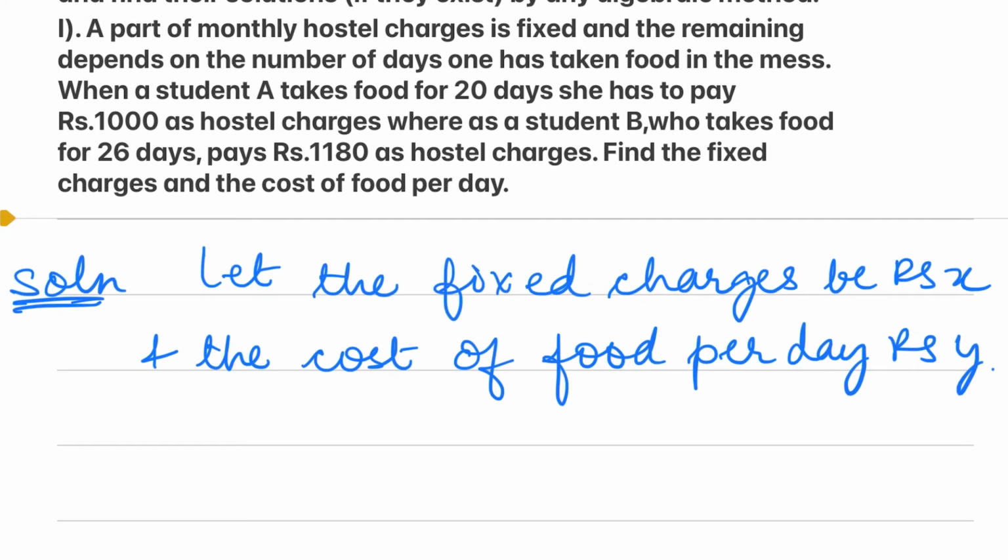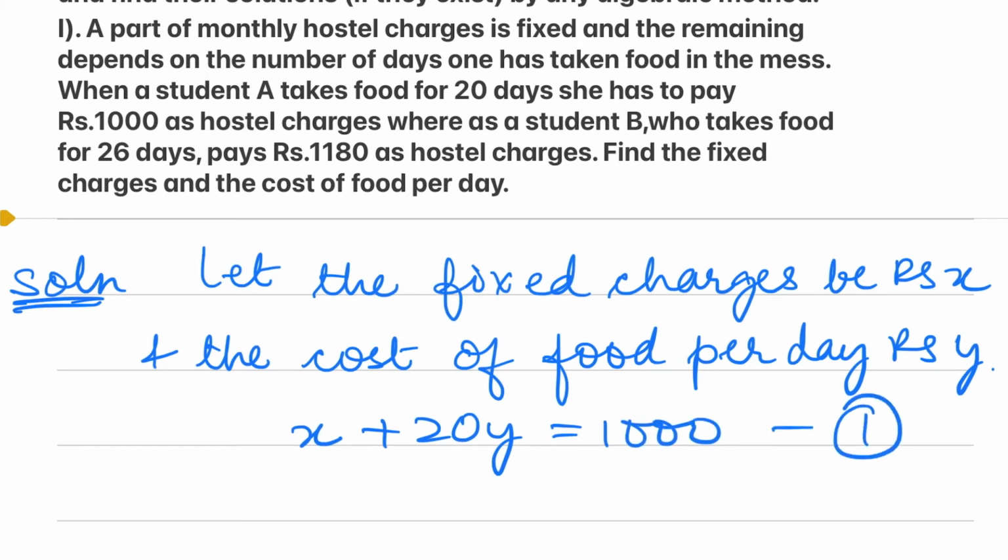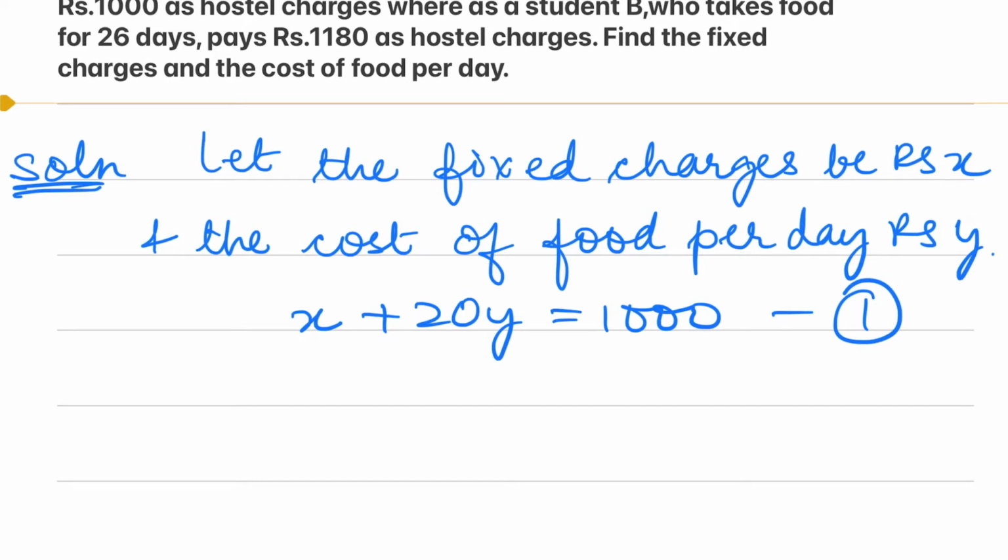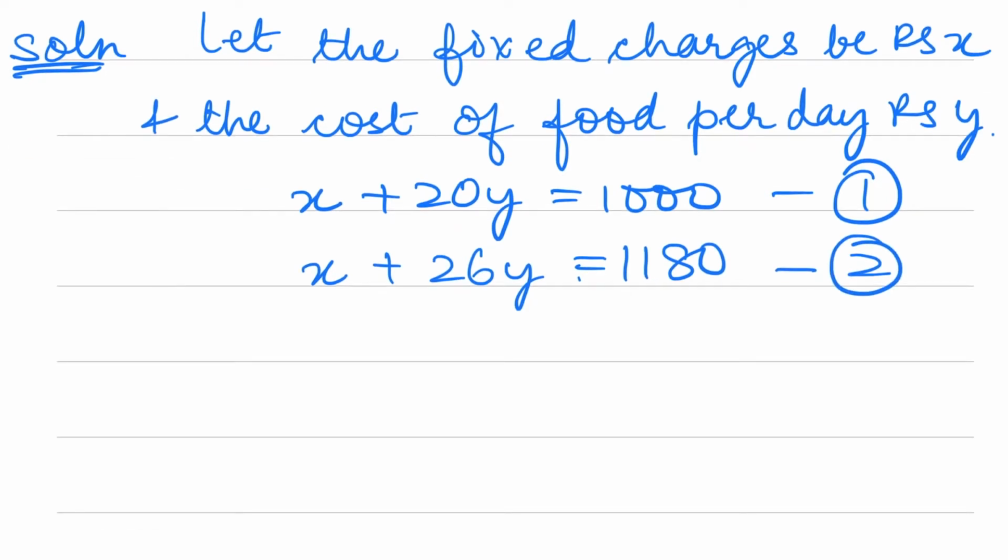We have X fixed charges she has to pay and for 20 days, so 20Y will be the food for 20 days. This is equal to 1000 rupees. So let it be first equation. Second situation, we have the fixed charges and 26 days of food. This equals 1180. Let it be second equation.